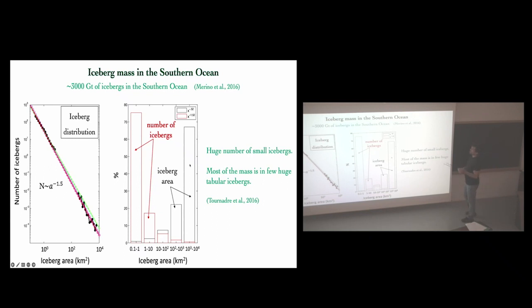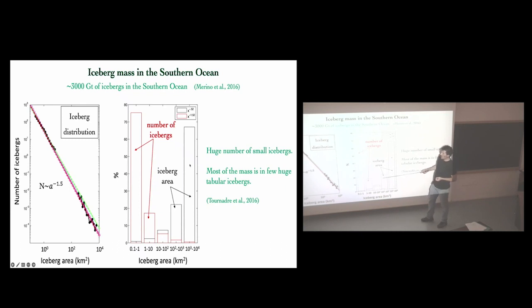From modeling studies, we think that there is approximately 3,000 gigatons of iceberg in the Southern Ocean on average. The icebergs follow a typical law in geophysics, where the number of icebergs increases for small areas. So you have a huge number of very small icebergs and a small number of very large icebergs.